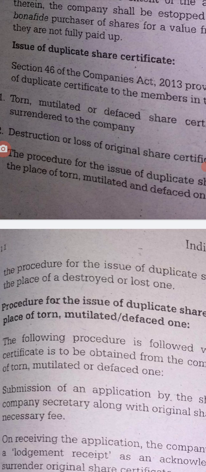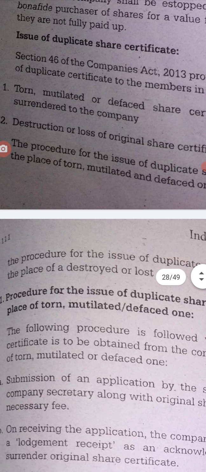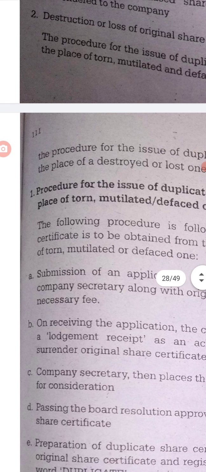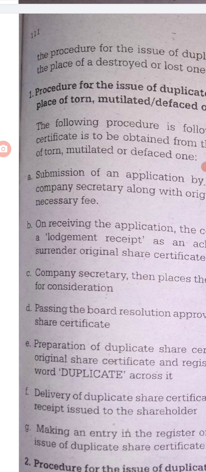Then issue of duplicate certificate. Of course, this particular concept does not come into the picture at present because of demat form of accounts. But earlier we had the system of physical form of share certificate.